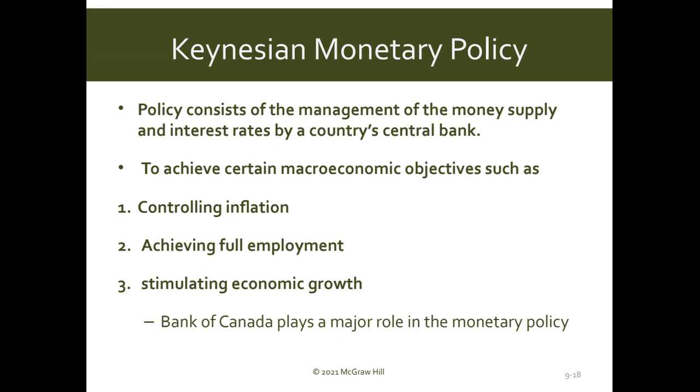Bank of Canada plays a major role in the monetary policy. Remember, in fiscal policy, federal government was responsible. So federal government will decide its own expenditures and taxes in order to solve the problem of a recessionary or inflationary gap. Here we are talking about central bank, that is Bank of Canada.